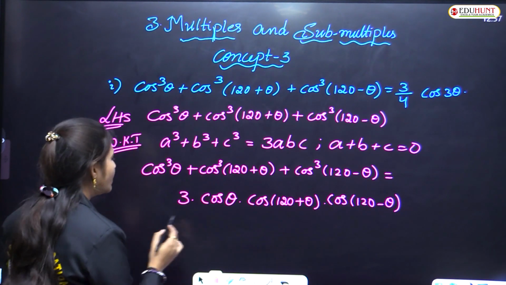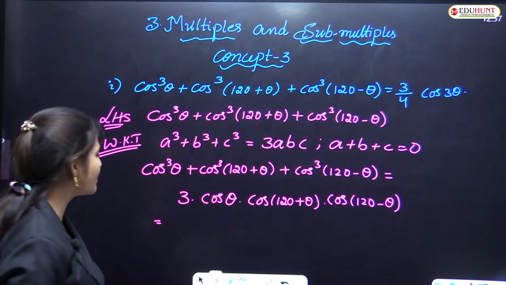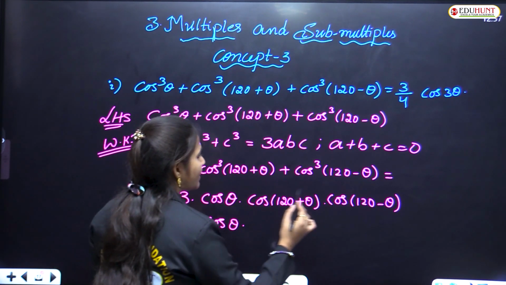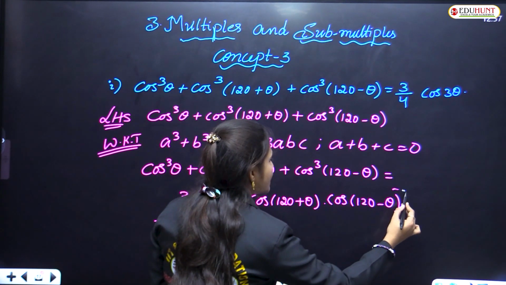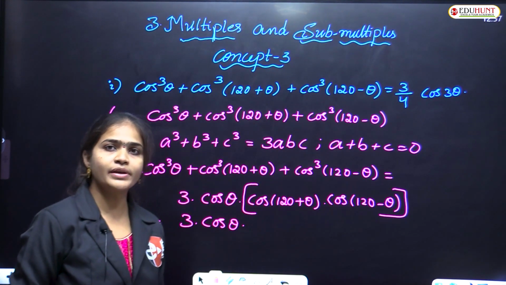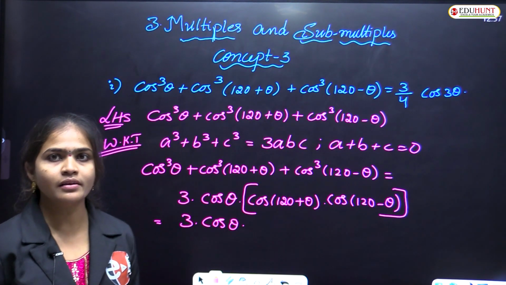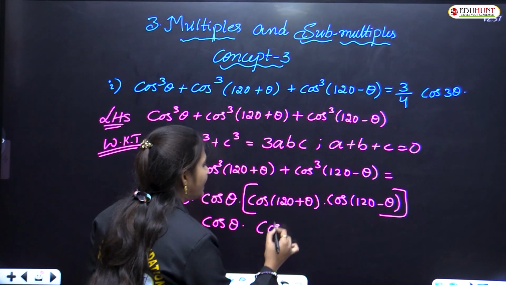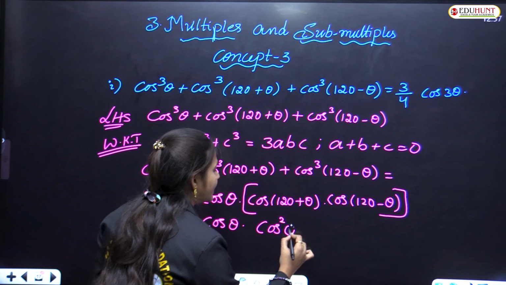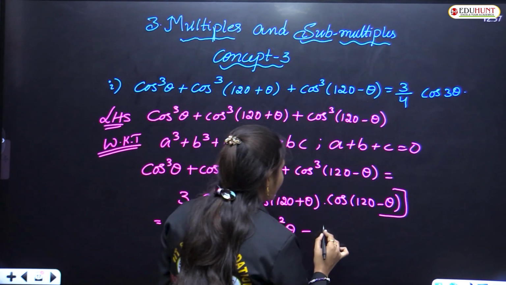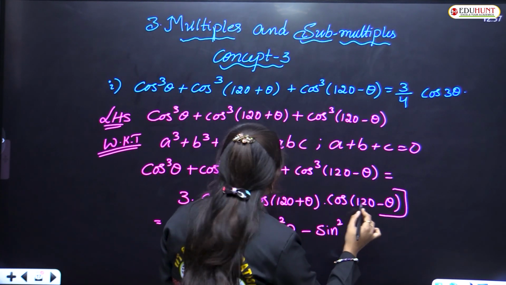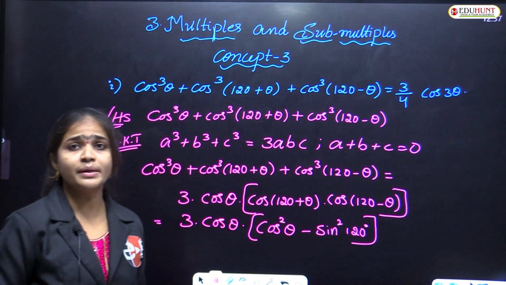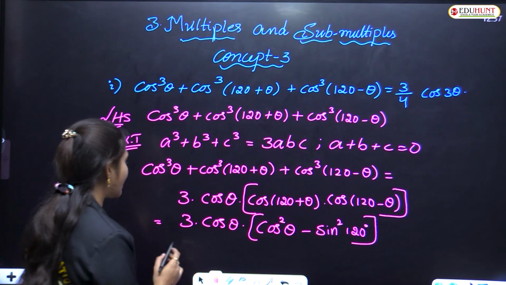Understand? First we need to simplify this. So 3 cos theta into, here we can write this as cos of a plus b into cos of a minus b. What is that formula? Cos square b minus sin square a. So cos square theta minus sin square of 120 degrees. That formula we have to use.